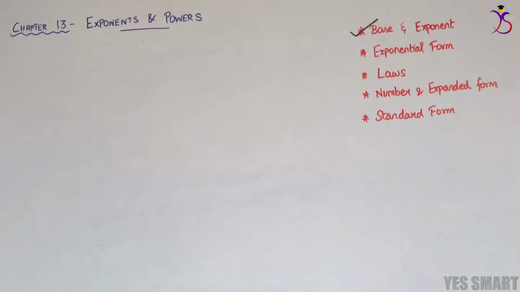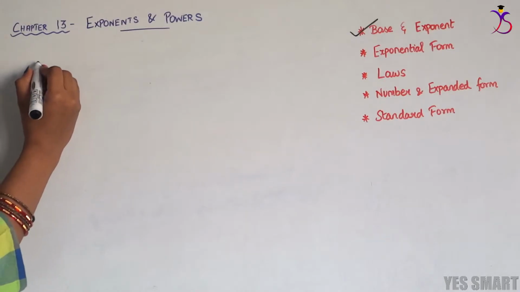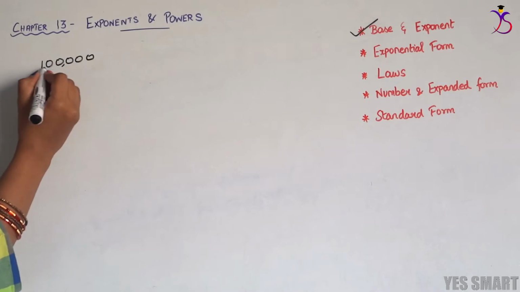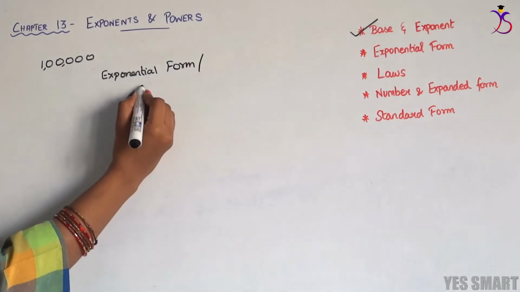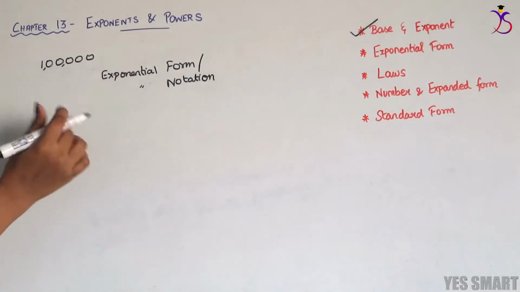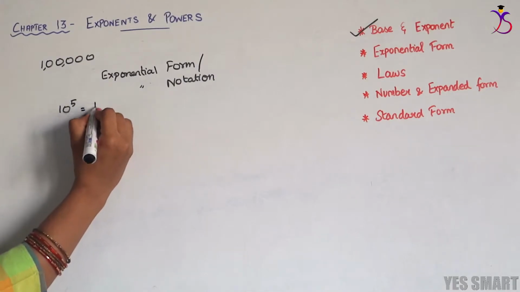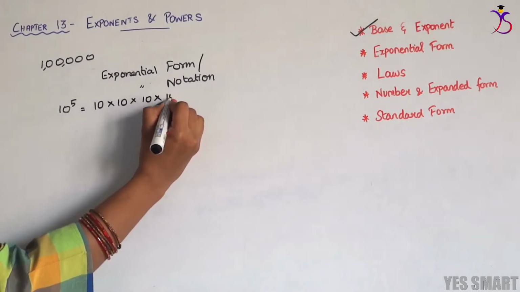Now, exponential form or exponential notation, both are the same. Let's look into how we can write a number in exponential form. Let's take an example of 1 lakh. If we are asked to write it in exponential form, we can write it as 10 to the power 5, because 10 power 5 is 10 into 10 into 10 into 10 into 10.